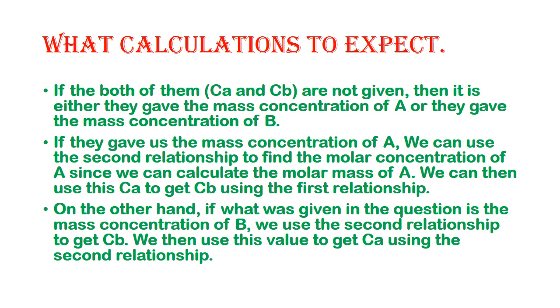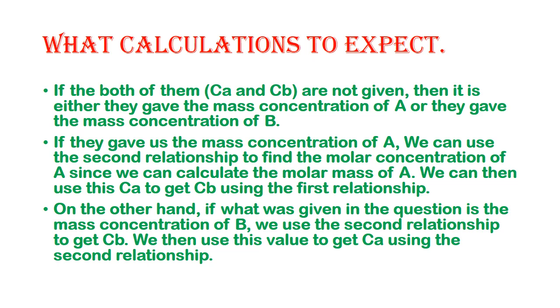Now, if neither the concentration of A in mole per dm³ nor the concentration of B in mole per dm³ is given, then they either gave the mass concentration of A or the mass concentration of B. Most likely they will not give you Ca and Cb, so you have to calculate them.